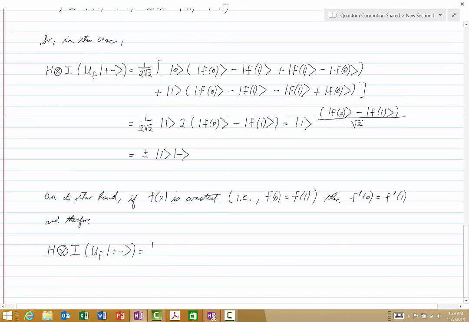Okay, we get 1 over 2 times the square root of 2, 1 over 2 square root of 2.